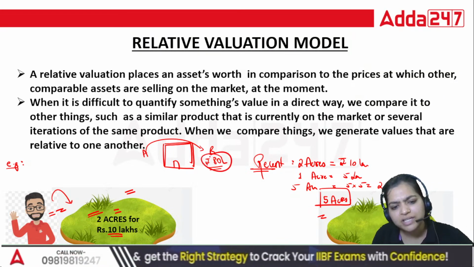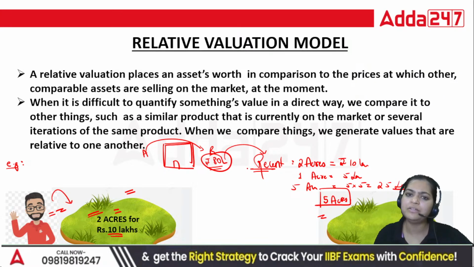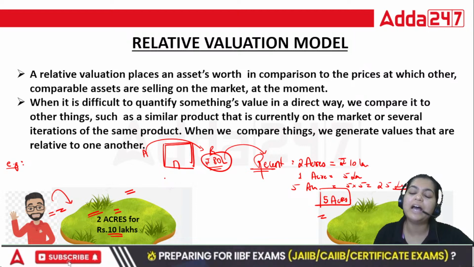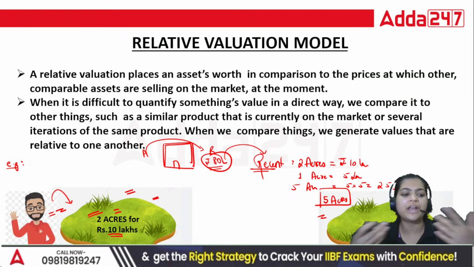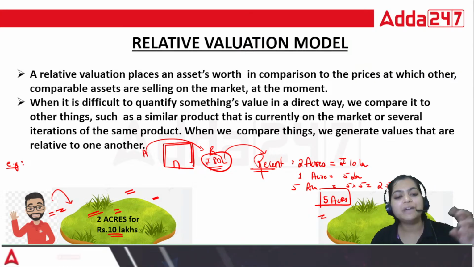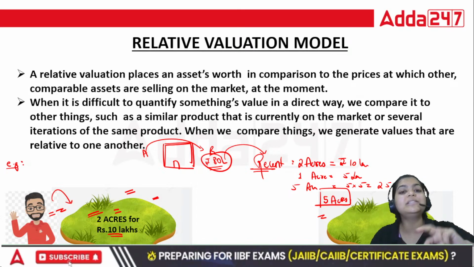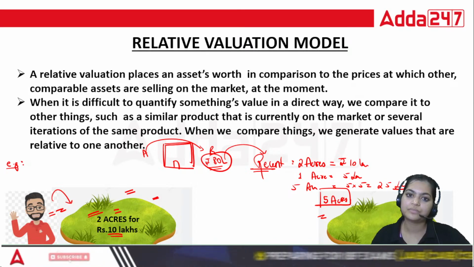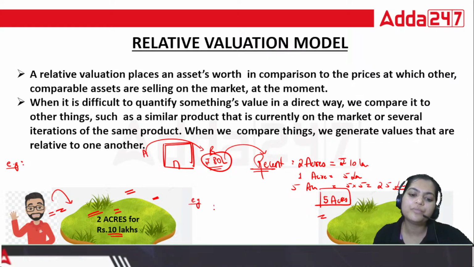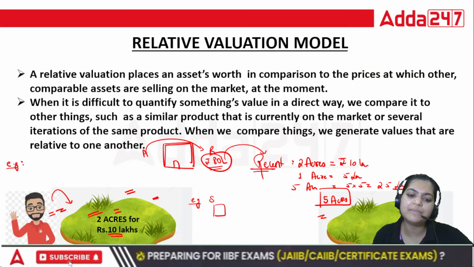Am I going to use this 80 lakhs for the valuation of my land? This is for the building. No, I'm not looking for the building. I'm looking for the land. Yes, so here you cannot just use any random transaction to value my land. So remember this part. For the valuation, you require the similar asset. For example, let's say I want to sell one phone. Okay, this is, let's say, Samsung phone.